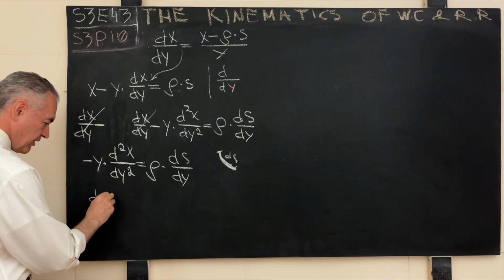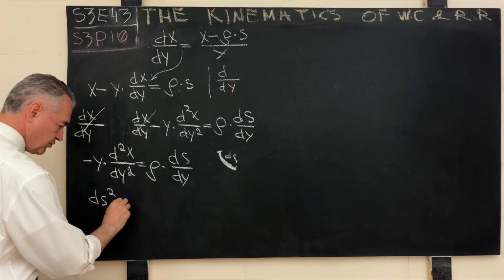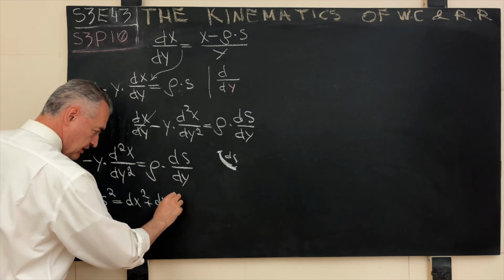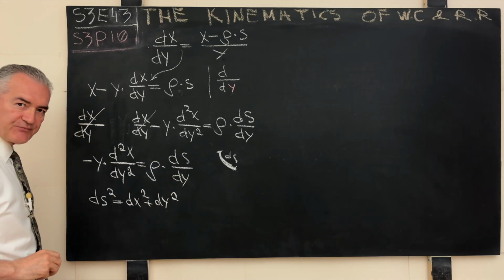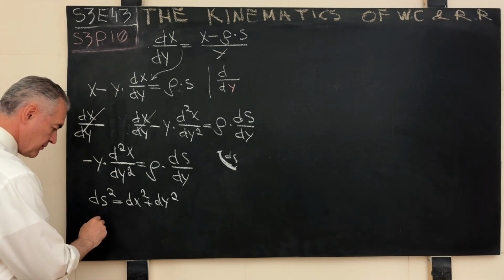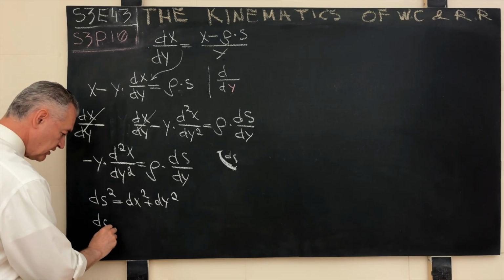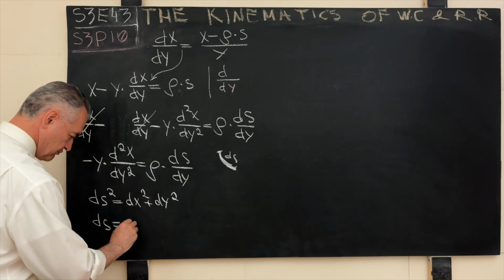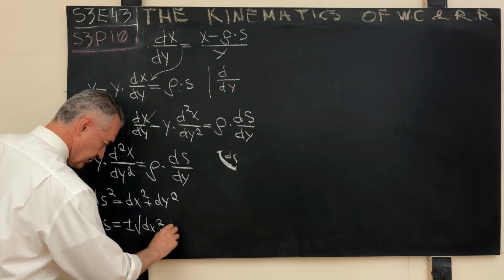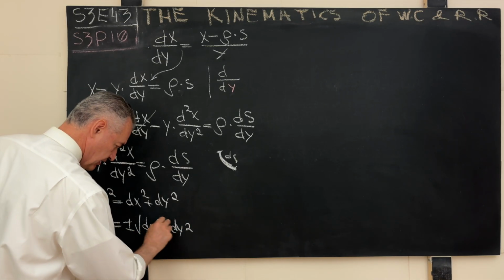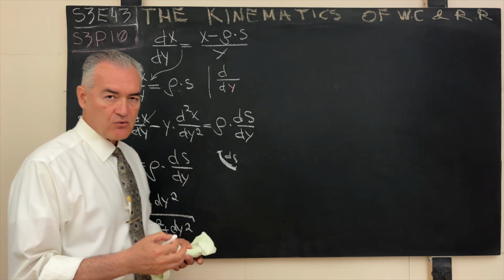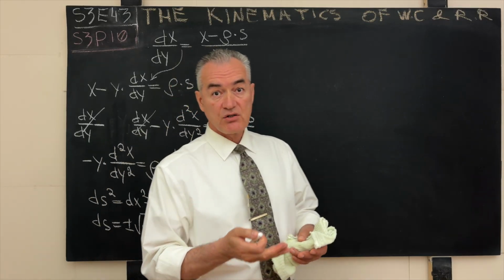The equivalent of the Pythagorean theorem holds. ds squared equals dx squared plus dy squared. You see? That information you know. And that means that ds will be written as plus or minus the square root of dx squared plus dy squared, with plus or minus taken depending on how we agree to measure the direction along a curve.